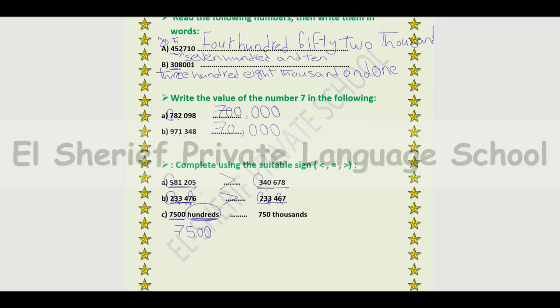Hundreds, 100 have 2 zeros, so put 2 zeros. Now our number is changed. Now we have 750,000. On the right hand side we have 750, and 1,000, it means 3 zeros. So we have 750,000 in the right hand side and 750,000 in the left hand side, so the two sides are equal.